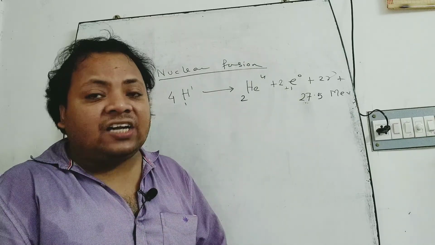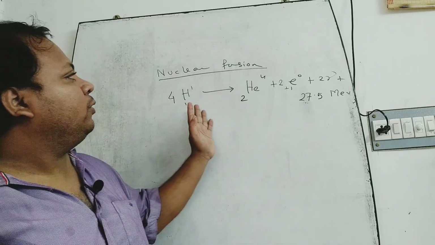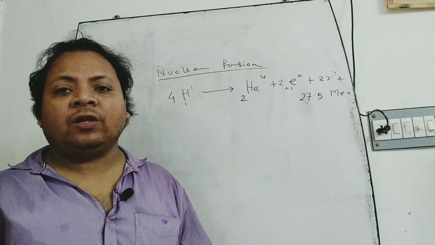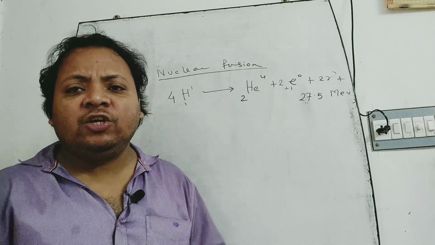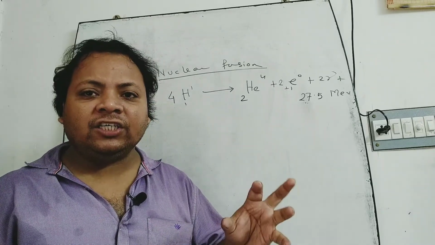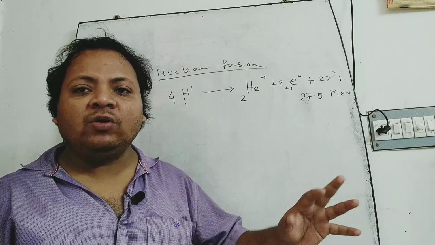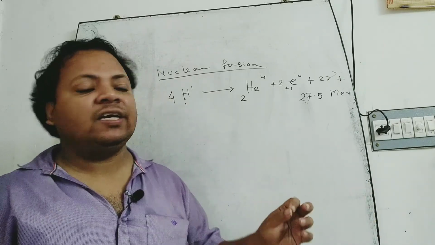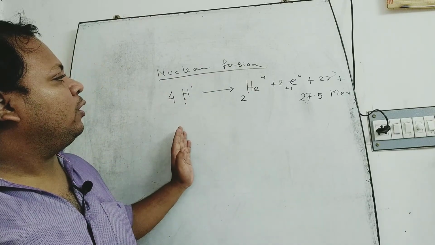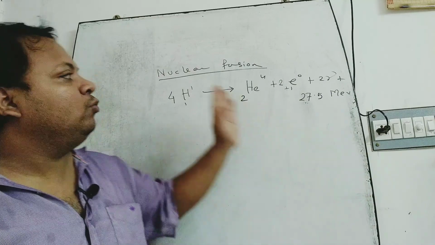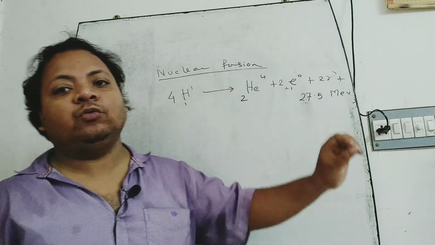To start this type of reaction, initially we need a huge amount of energy, which we can get from nuclear fission. That's why it is said that nuclear fusion follows nuclear fission.